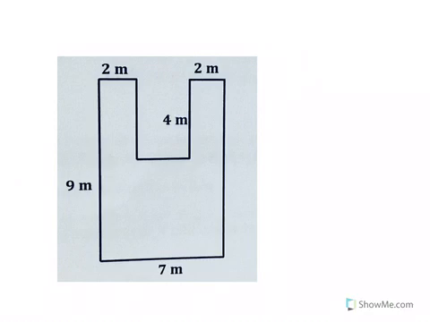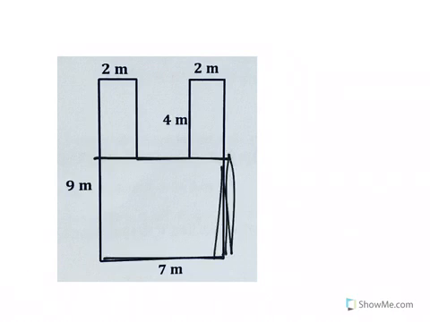And so there's different ways that we could actually break down this shape. I'm going to go through just a few of them, and you may be even able to find ones that I didn't notice. So what we could do is cut it right here, and we know this is 7 meters.